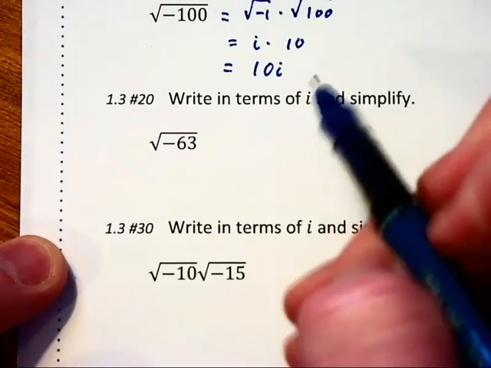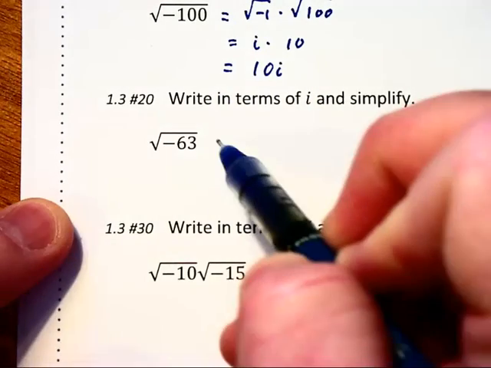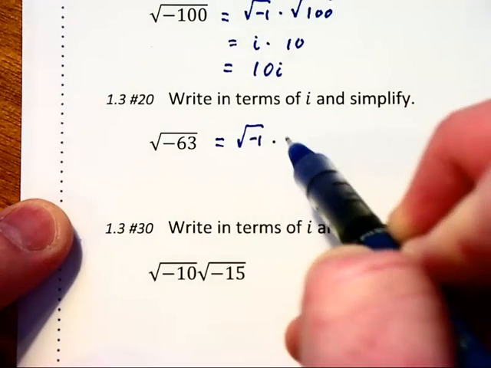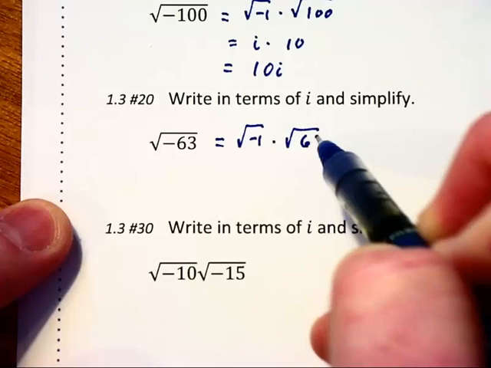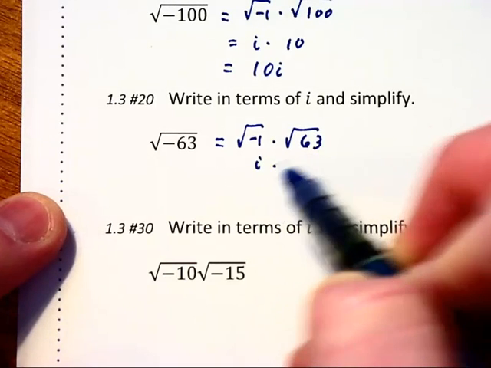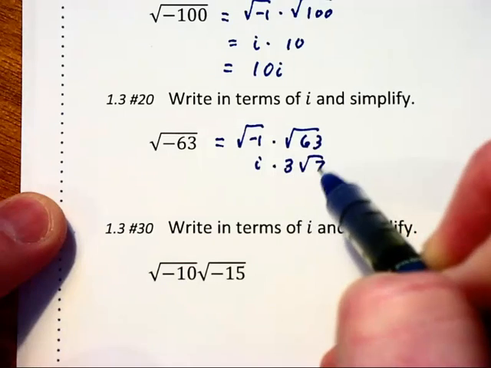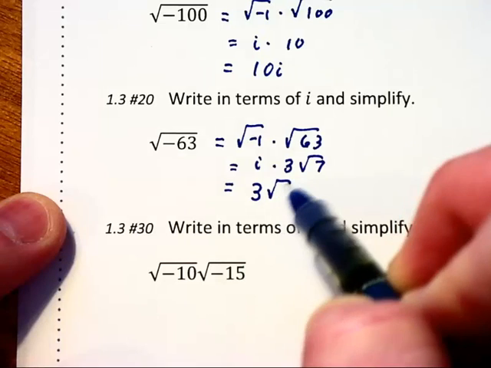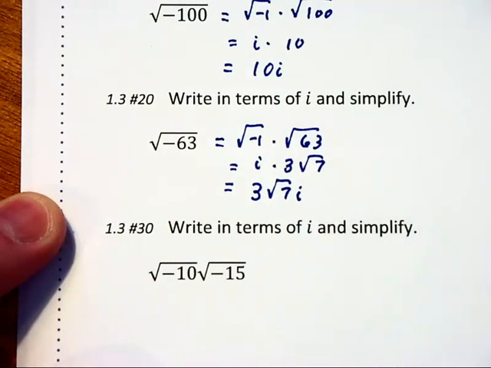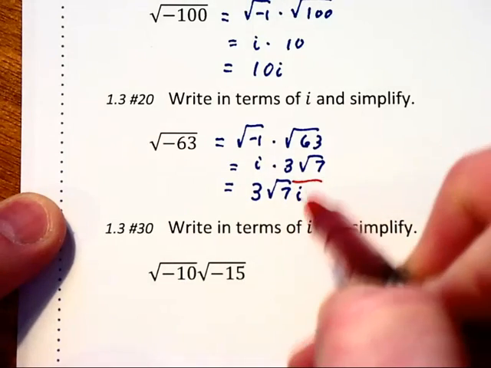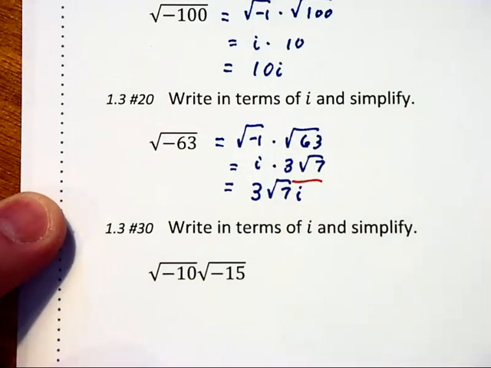The square root of -63 similarly can be written as the square root of -1 times the square root of 63. That gives us i times 3 root 7. Now we are supposed to write this as 3 root 7 i, but some of us get a little bit crazy when we write our radicals, and the i ends up being inside.